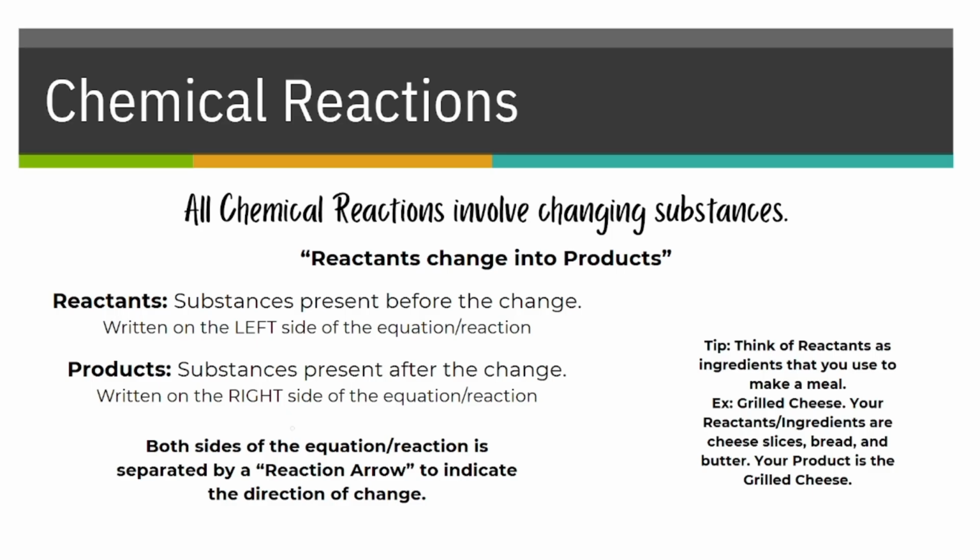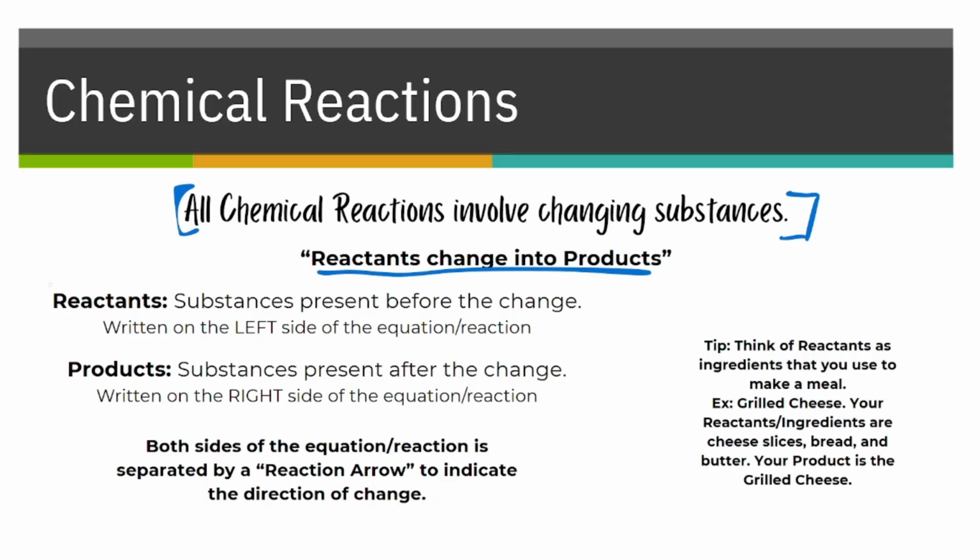When we look at a chemical reaction, it is always going to involve the overall change of a substance. In this case, we recognize a chemical reaction as reactants change into a product. This is the entire formula process. This is what we're looking at when we're diving into the aspects that is a chemical reaction.